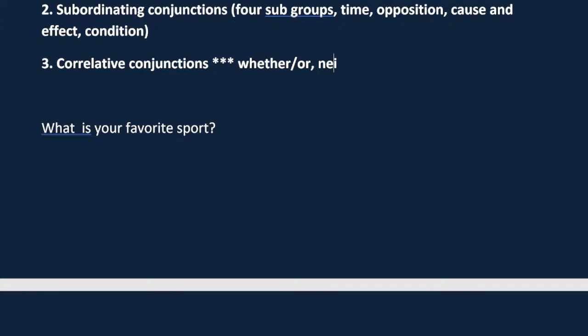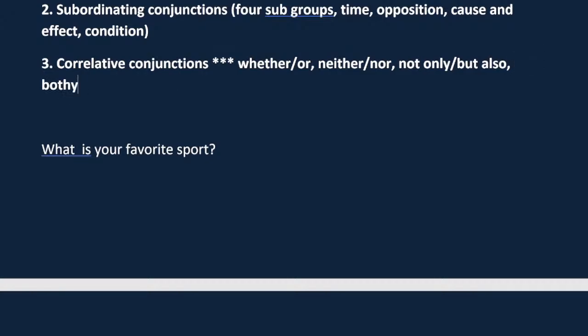Amu says neither nor. Arjun says not only but also. Yeah, you're probably starting to notice that these are paired conjunctions. Very good, Amu. Both and. There's one more that comes to mind. Yeah, very good, Erkin. Either or. Yeah, absolutely. So these are these kind of paired conjunctions.